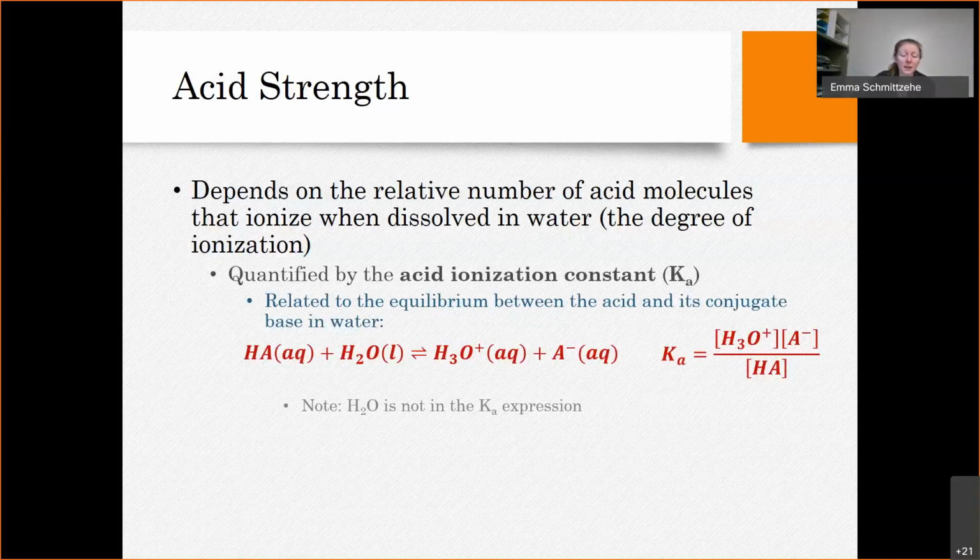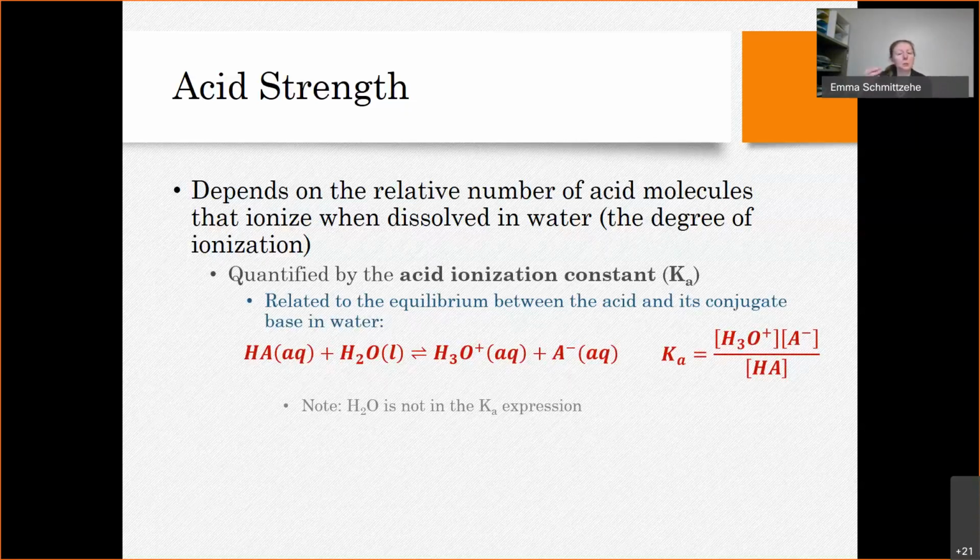So in this case, if we're talking about acids, then we would quantify how strong it is based on the acid ionization constant. And so that is the Ka value, okay? So it's the same general idea as an equilibrium constant, okay? So a K or Keq.